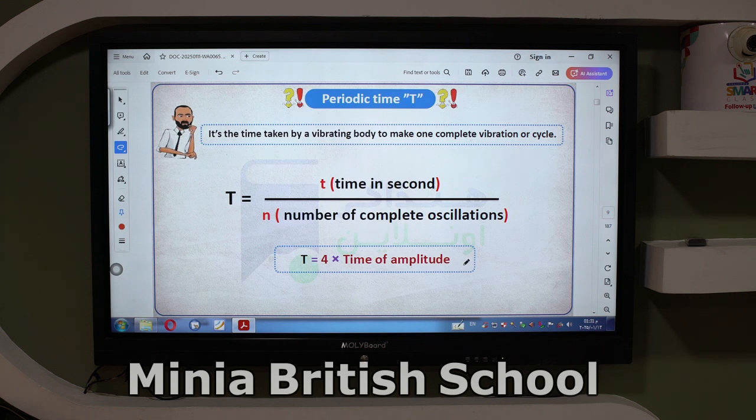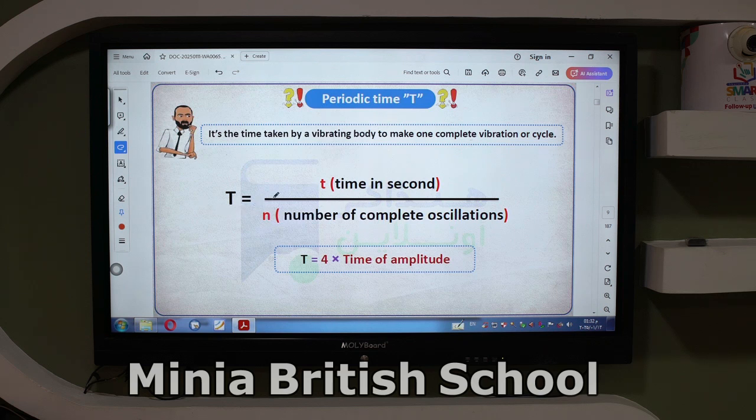What do you know about the periodic time? Periodic time is the time taken by a vibrating body to make one complete vibration or cycle. The rule for the periodic time: T capital equals t small, which means the time in seconds, where T capital is the periodic time.